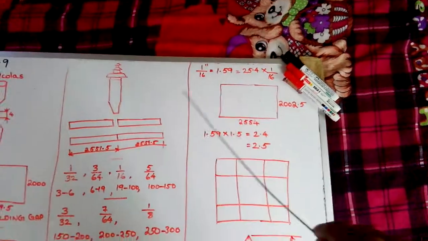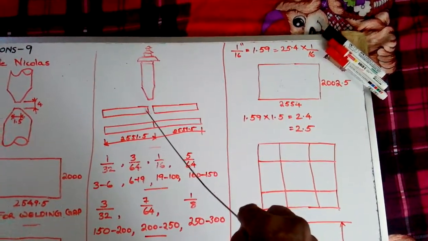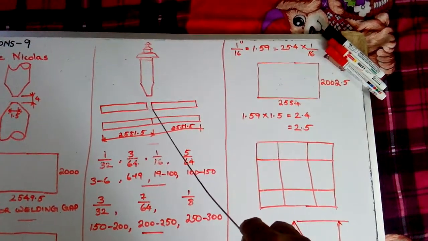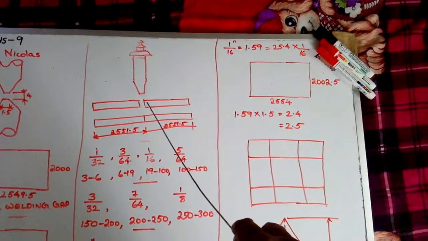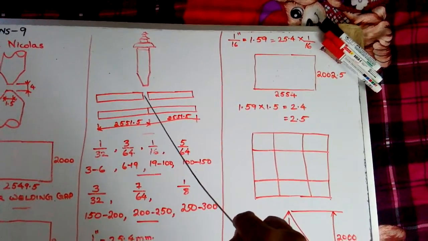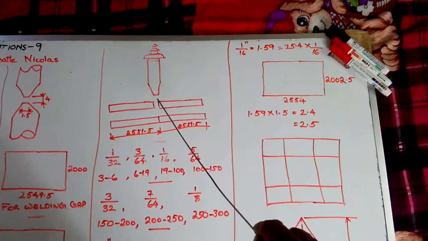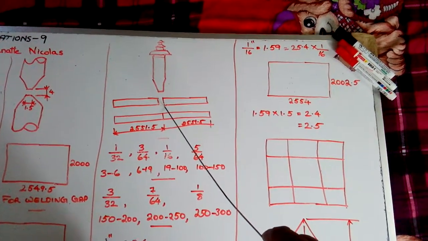It means if we cut with the 1/16 inch nozzle, this plate will have a minimum gap of 1.59 mm. Sometimes because of some faults, the gap may occur double.